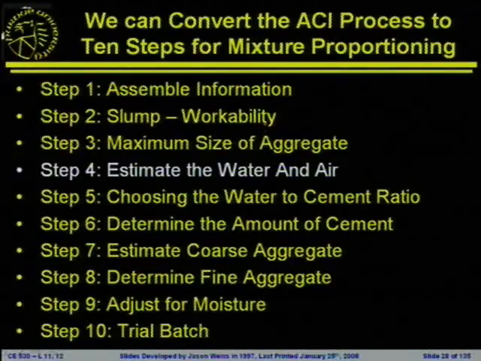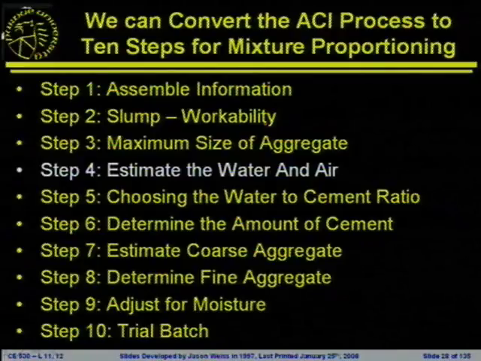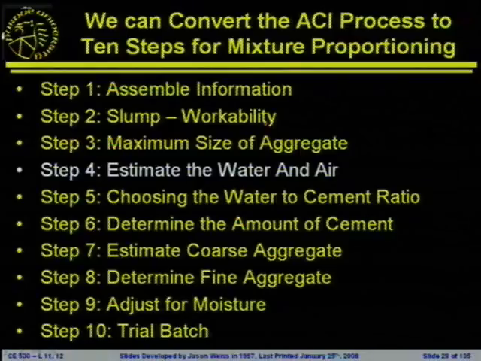Now, I will mention that the 2 most difficult steps in the entire process are steps 4 and 5. Steps 4 and 5 are the ones that require talent in the mixture proportioning process. They are the only 2 steps that are even somewhat intriguing. The rest of them are either fairly arbitrary, in my opinion, or are direct calculations so that every engineer is going to be happy.